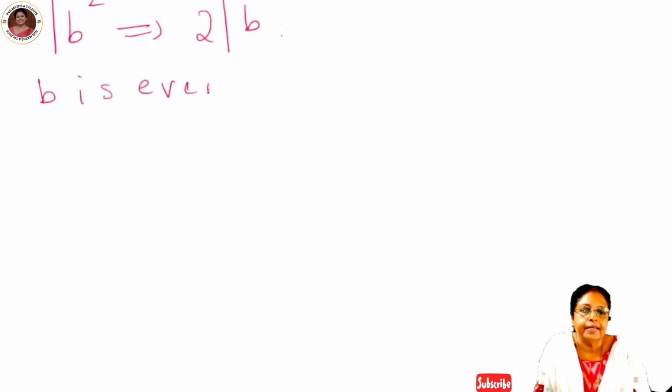We got 2 divides b square. Then we will get 2 divides b by theorem 1.2. 2 divides b means b is also even. b is even. That means 2 is a factor of b.